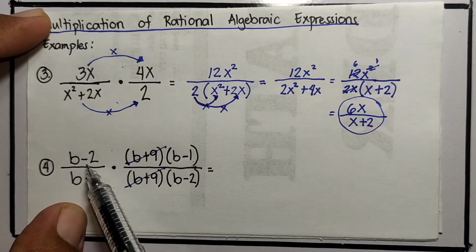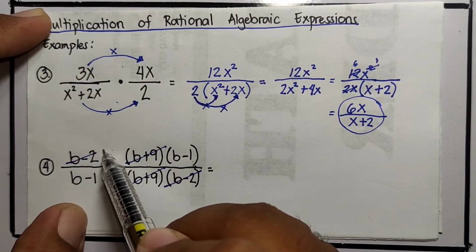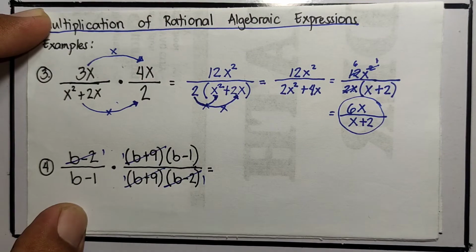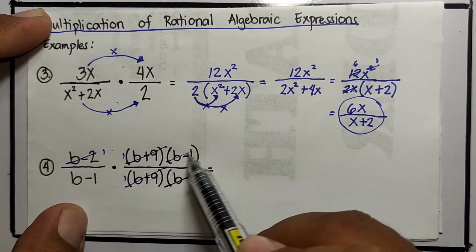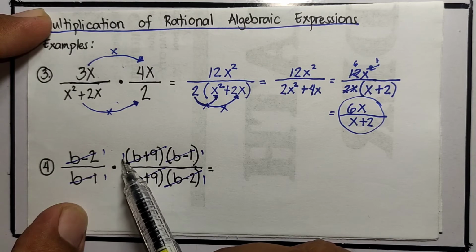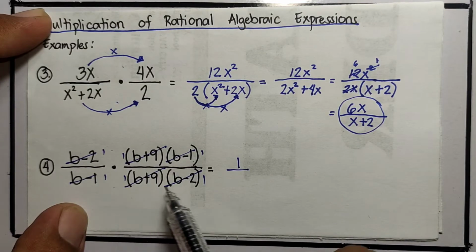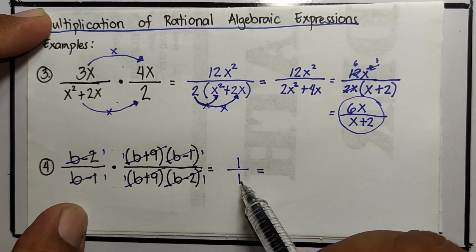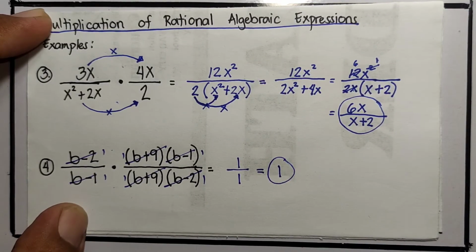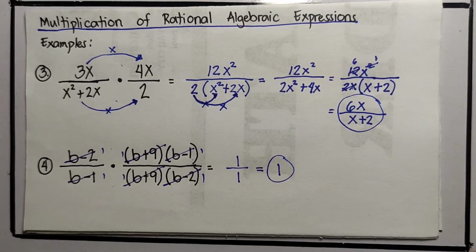Meron din tayo b minus 2 dito sa denominator, b minus 2 cancelled out. Next, b minus 1 and b minus 1 cancel out. Simply 1 times 1 times 1 is 1, over 1 times 1 times 1 is 1. Then 1 over 1 is 1. That is for cancellation method. Kapag may magkapareho tayo, we need to do the cancellation method.